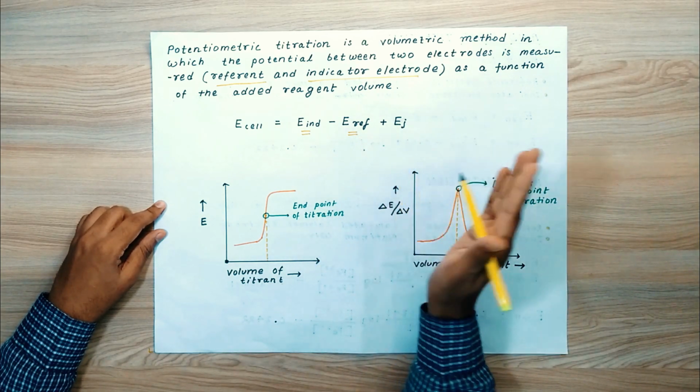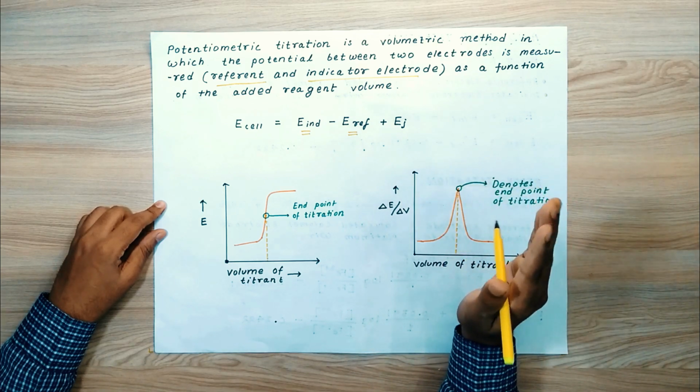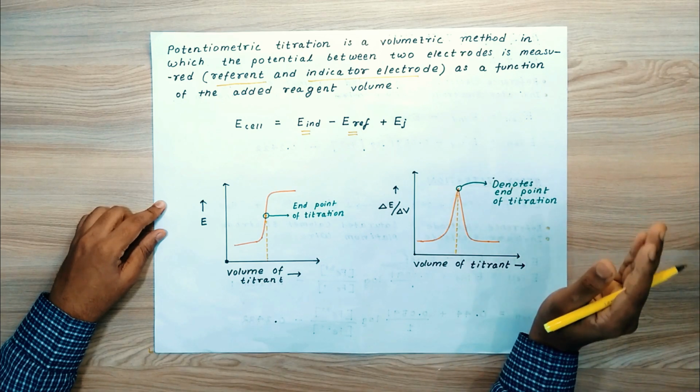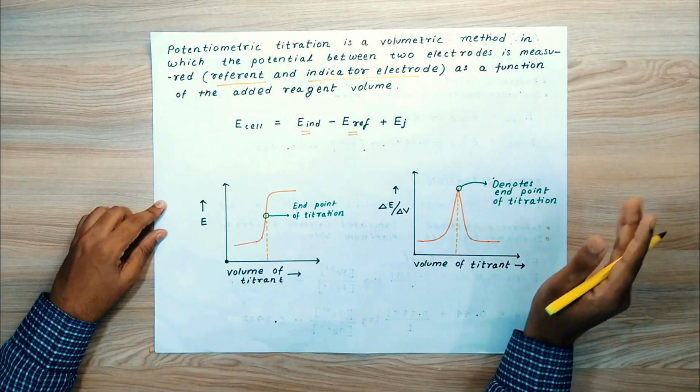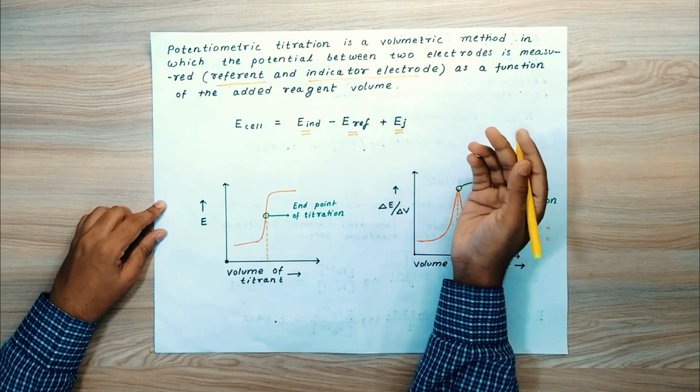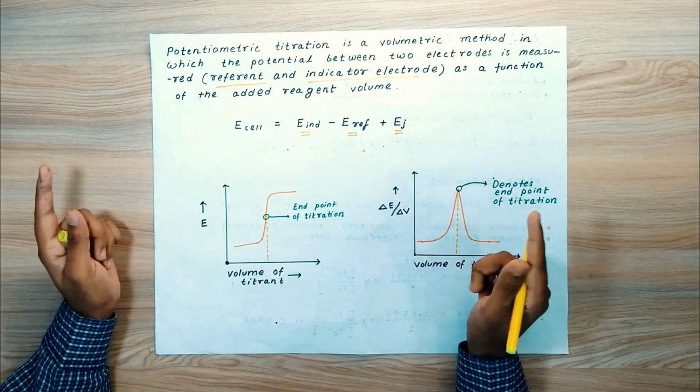The reference electrode has a known potential that remains constant at constant temperature. So we know the potential of our reference electrode, which is constant, plus the potential of the junction. I need to talk a little bit about this.